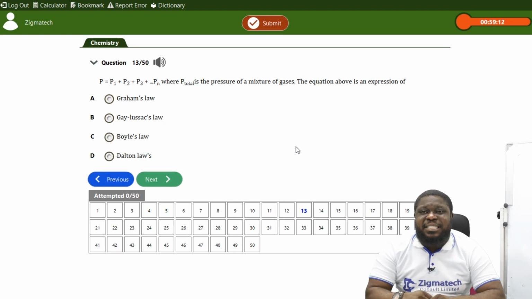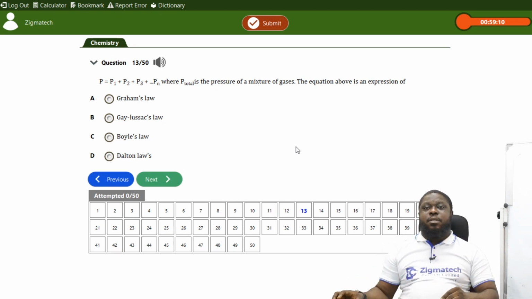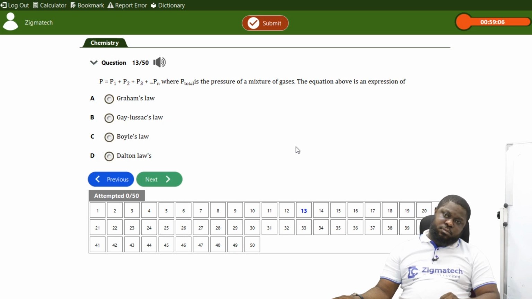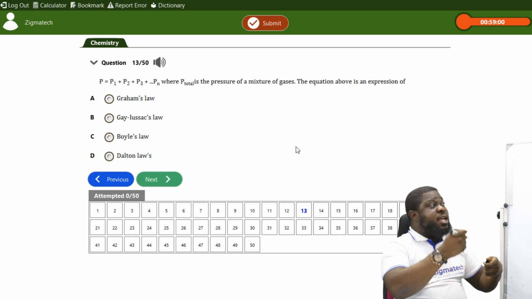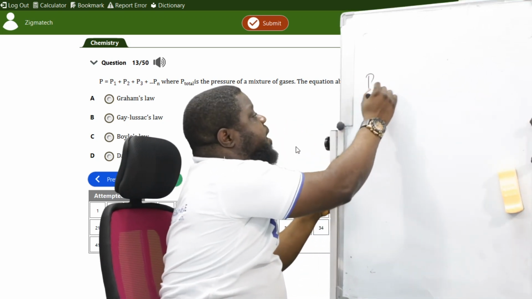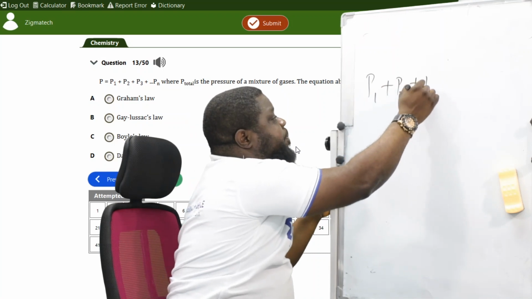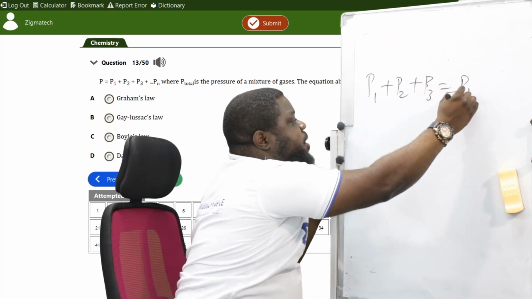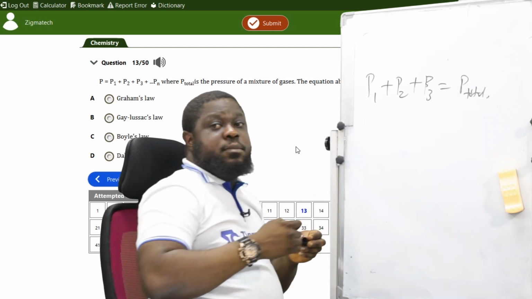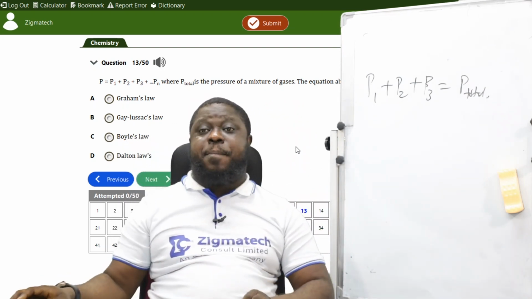And in essence, that is Dalton's law of partial pressure. The Dalton's law of partial pressure, like I said, the mathematical formula is P1 plus P2 plus P3 gives you P total. That's the law of partial pressure.